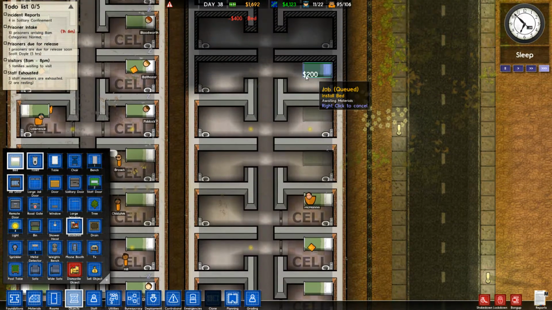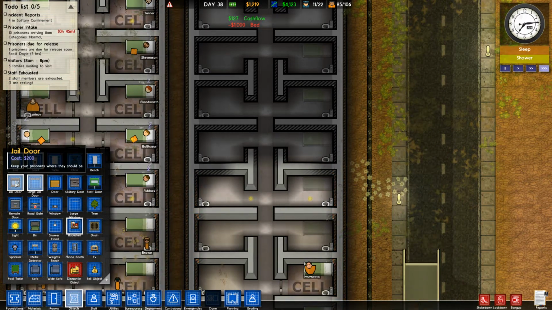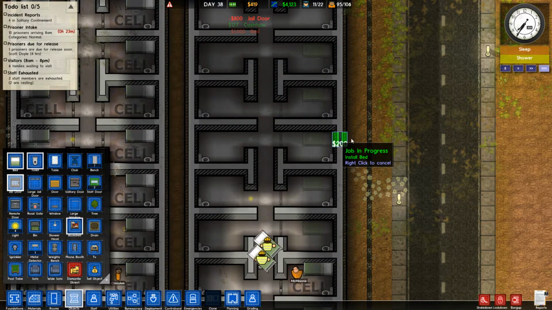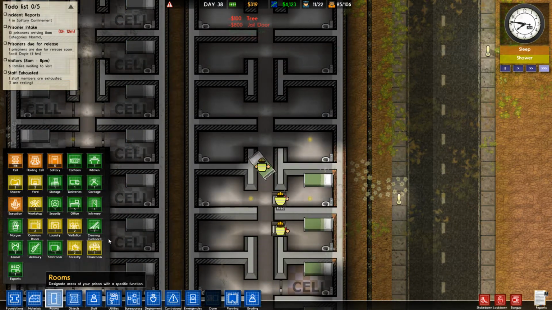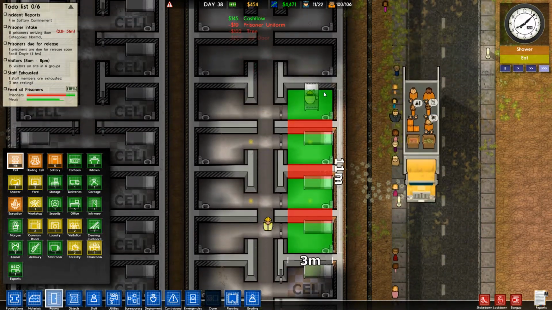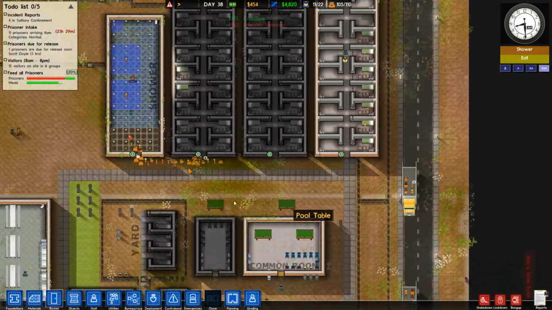Let's slowly get this thing operational. Add some jail doors. There, cells to 110.